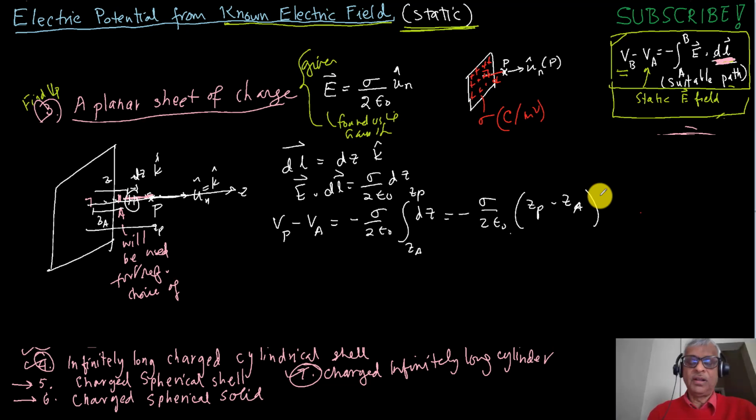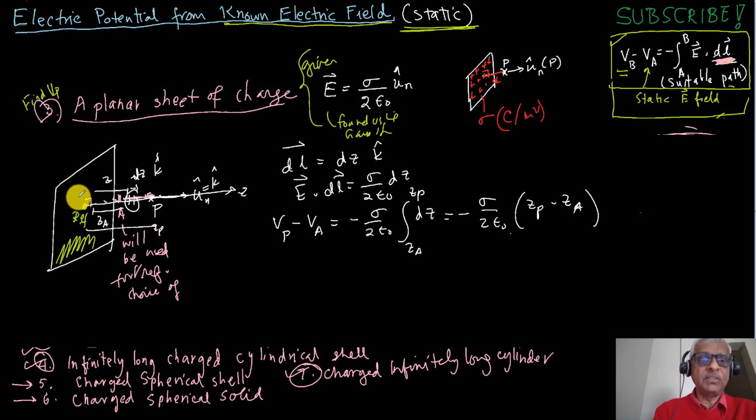Now I need to pick some reference, right? And one way to have the reference be 0 is if A was right on the plate. Now you say you can't put it right on the charge, but because this charge is distributed, the charge on a single point can be considered to be 0. So I can put A here.